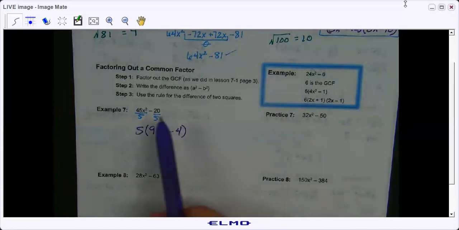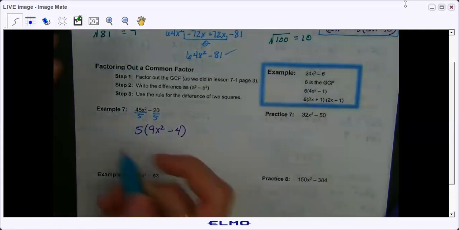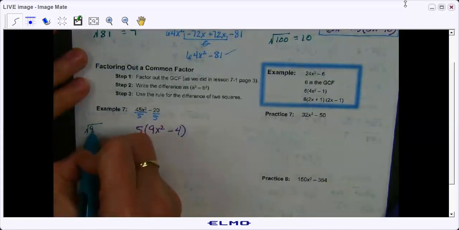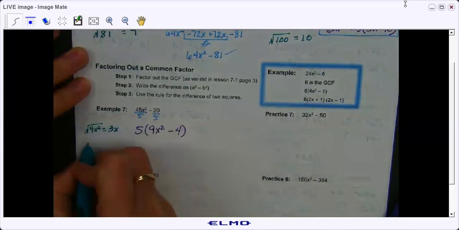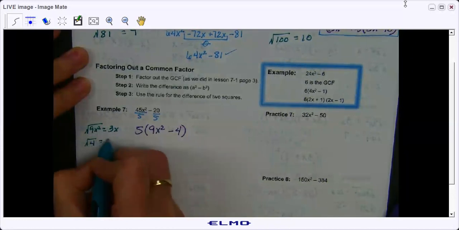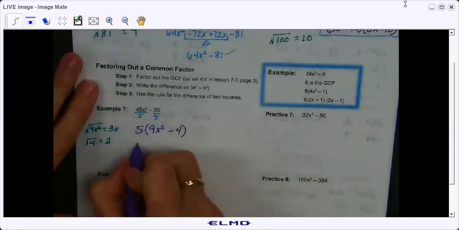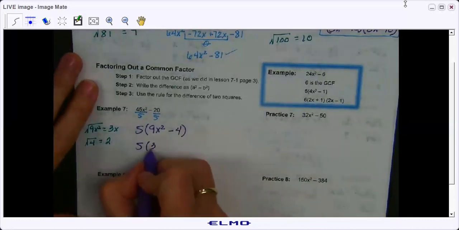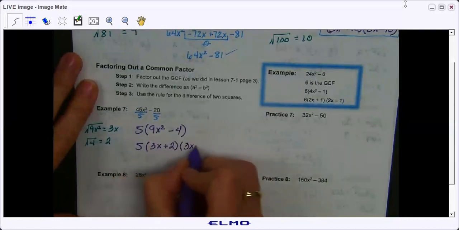Then we will factor this as a difference of two squares because 9x squared is a perfect square, 4 is a perfect square. So the square root of 9x squared equals 3x. The square root of 4 equals 2. So that creates a difference of two squares. And we would write our final answer as 5 times 3x plus 2 times 3x minus 2.